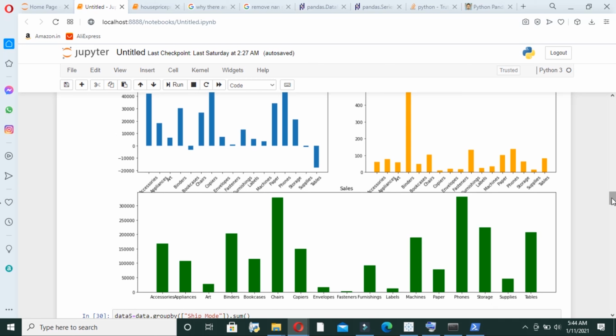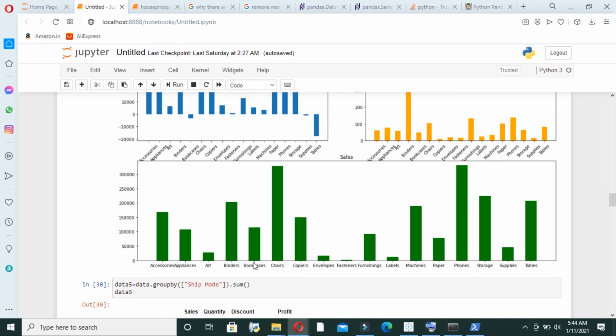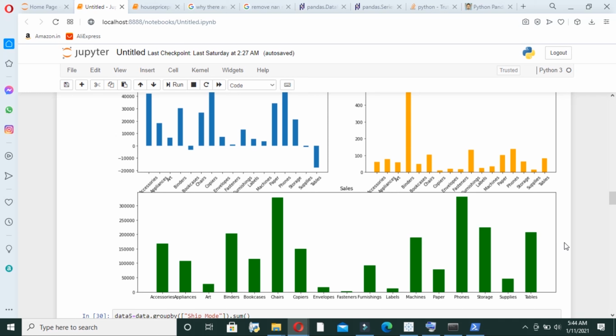One more interesting thing to note is that in arts, envelopes, fasteners and labels, the sales are very less. And look at tables and bookcases, the sales are good. However, still the profit earned from them is negative. So we will come back to this point later.